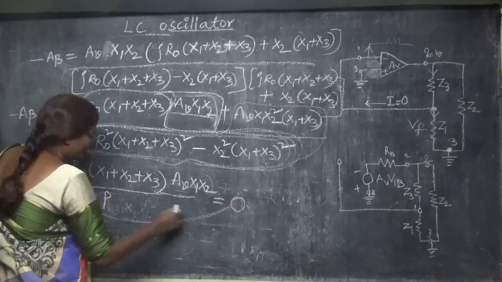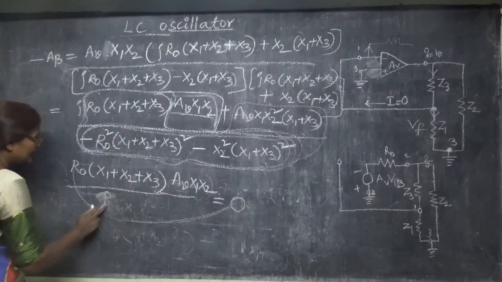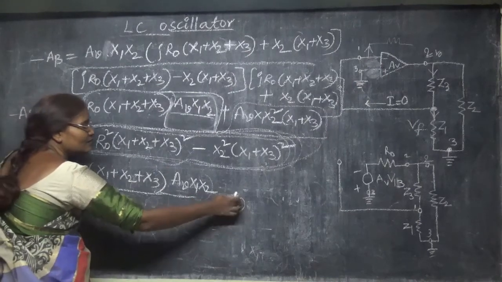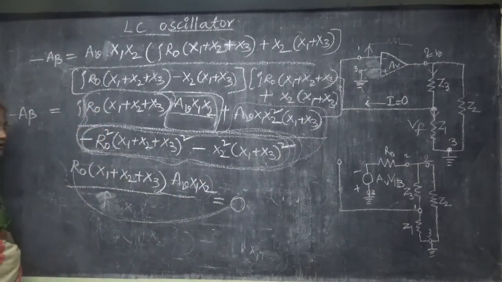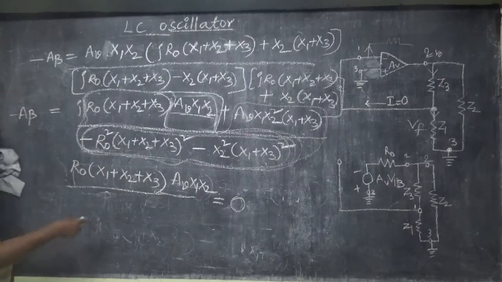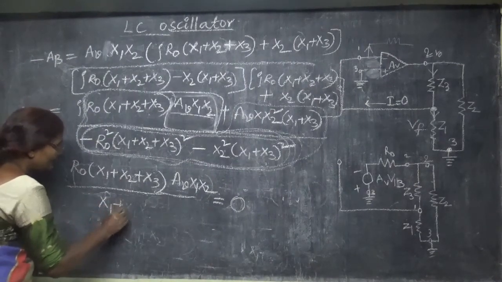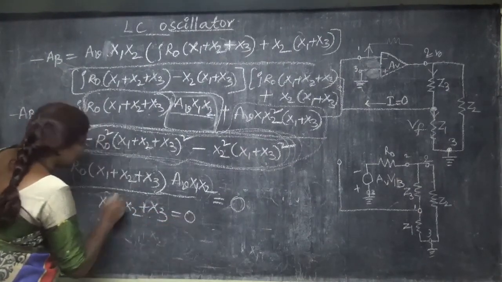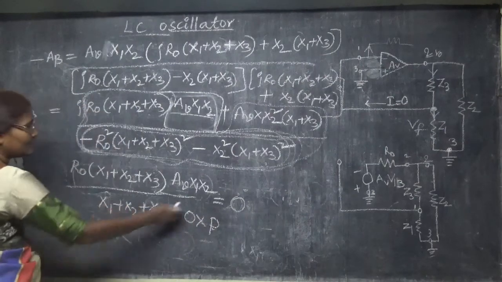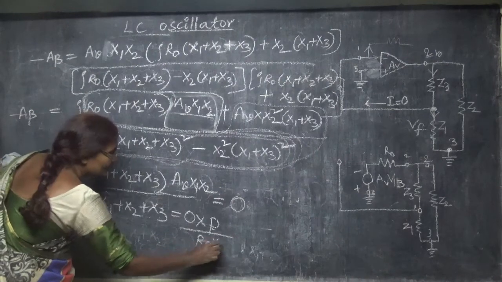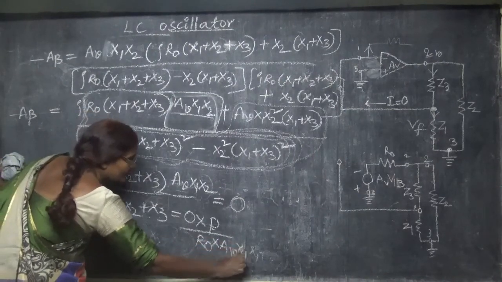So what happens when moved to the other side? The denominator divides and this multiplies. 0 into something will give 0. So what am I left with? The left part is going to be x1 plus x2 plus x3 is equal to 0 into p, total denominator p, divided by R0 into x1 x2.